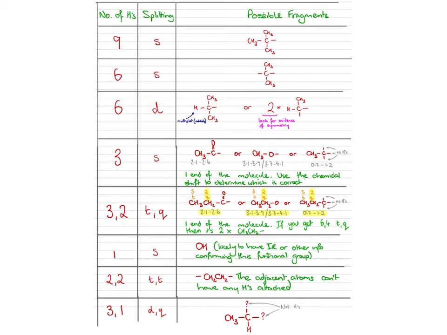Working from the top, what this is really saying is that if you get a signal on the spectra which is a singlet, and the integration value tells you that there are 9 hydrogens, then the fragment or the part of the molecule responsible for that can only be what I've drawn here. So if you see on your spectra a singlet with 9 hydrogens, you know straight away that one end of the molecule is this here.